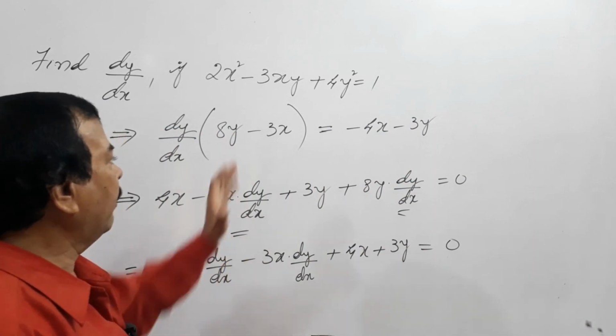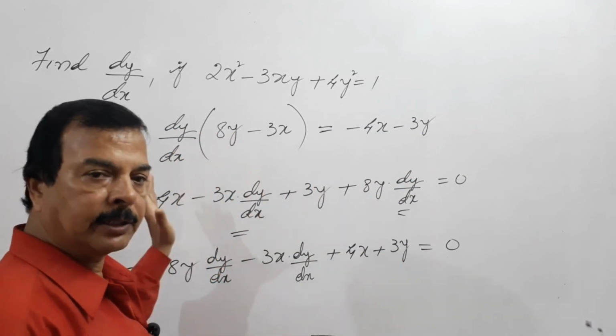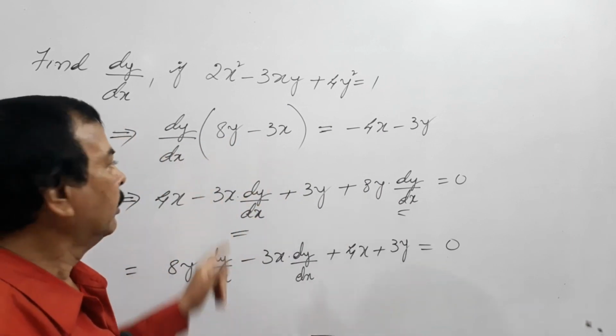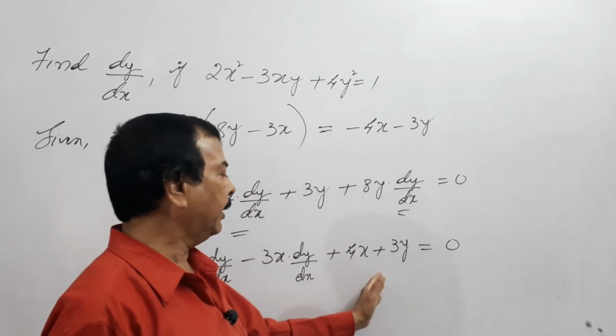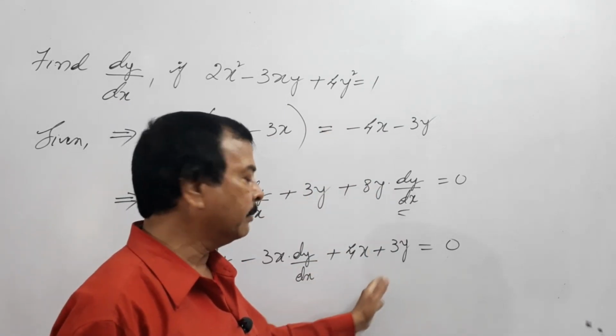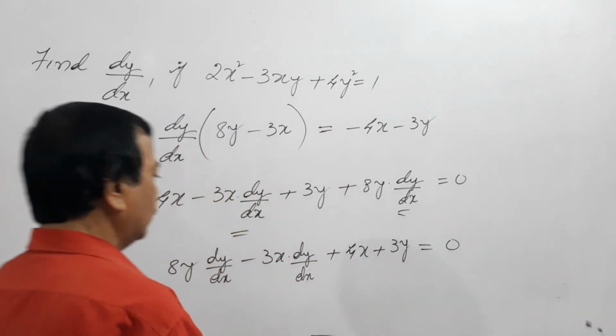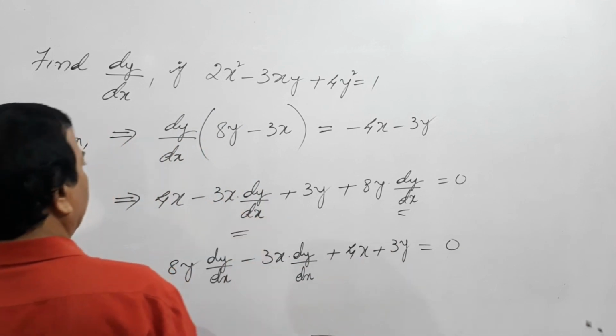Well, as per the rule, we have to club dy by dx on the left hand side or on the right hand side, separate them. So I have separated dy by dx on the left hand side and I kept the remaining non dy by dx terms on the other side. So I will rub this.